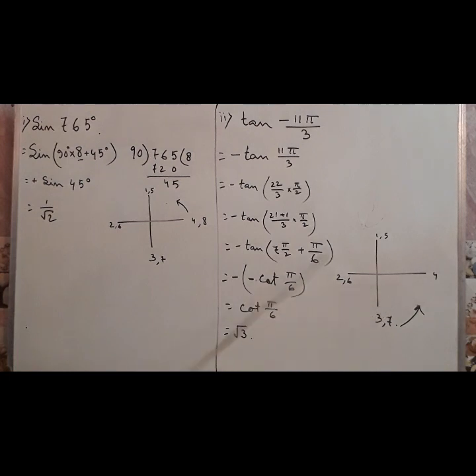Fourth quadrant. In the fourth quadrant tan is negative, so a minus sign is given. This minus sign comes here, and for the fourth quadrant again a minus sign. For this 7, as it is an odd number, tan is converted to cot, then the remainder, that is pi by 6. Then minus minus plus, cot pi by 6, the value of cot pi by 6 is equal to root 3.